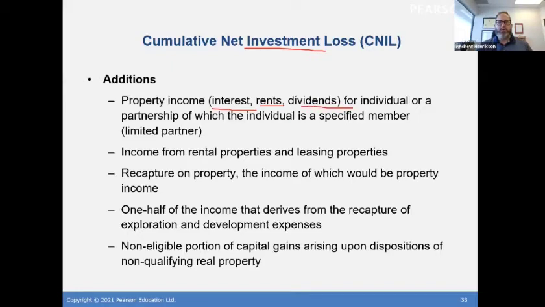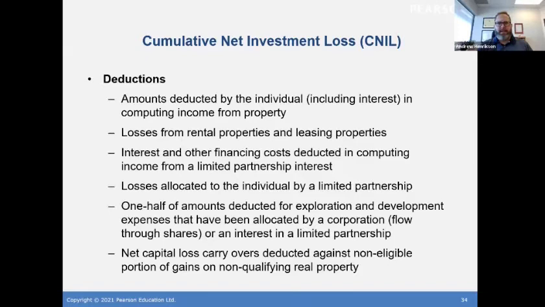Also included in here, rental property, all that stuff. There's some other stuff here, but those are the main ones. Less any losses from rental, maybe interest deductions, you know, you're paying interest on a property or something like that, that you were using to deduct from that income.